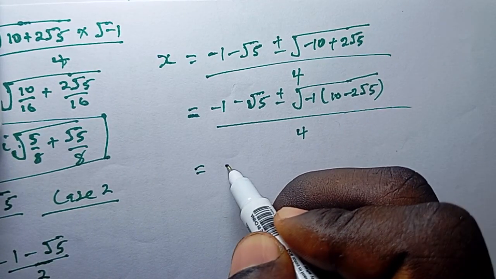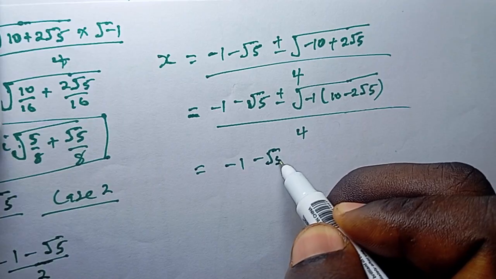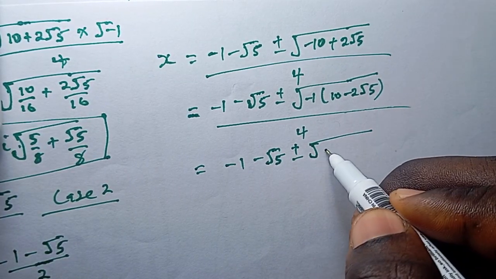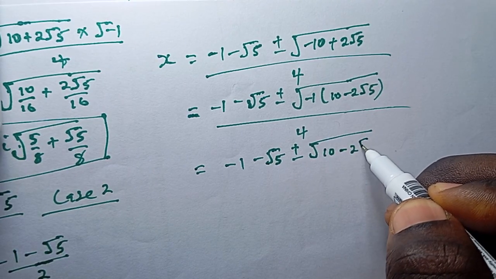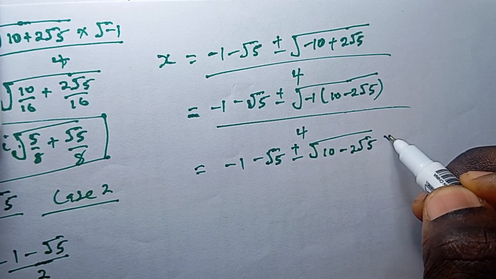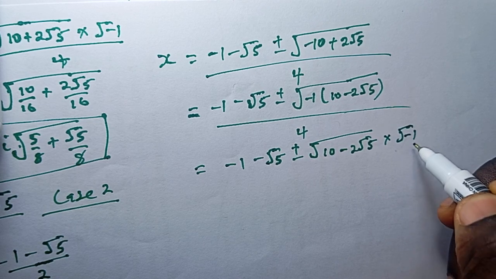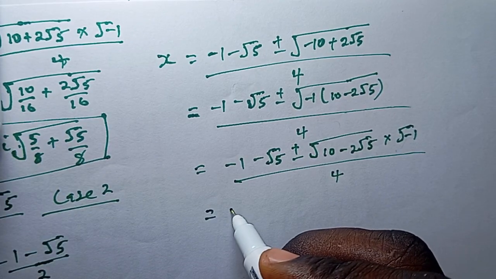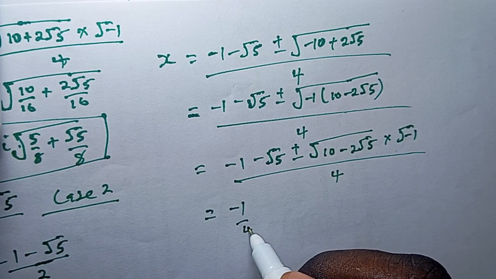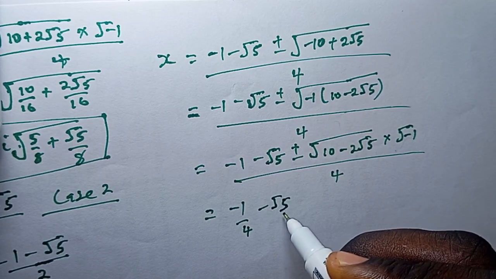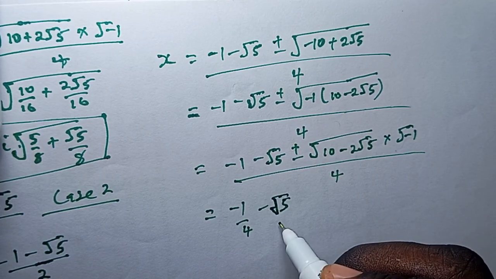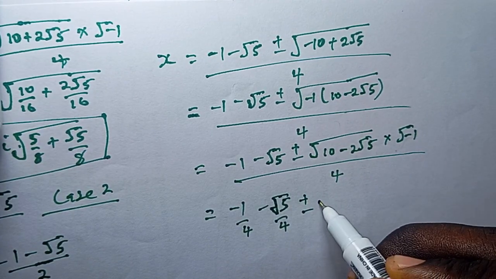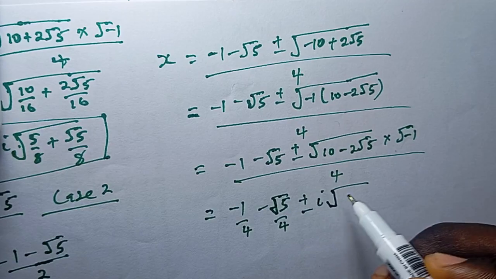So I'm going to be having -1 minus root 5 plus or minus the square root of, let me write this one first, 10 minus 2 root 5 multiplied by square root of minus 1, divided by 4, and that will be minus 1 divided by 4 minus root 5 divided by 4 plus or minus square root of minus 1 here is i, and then roots.